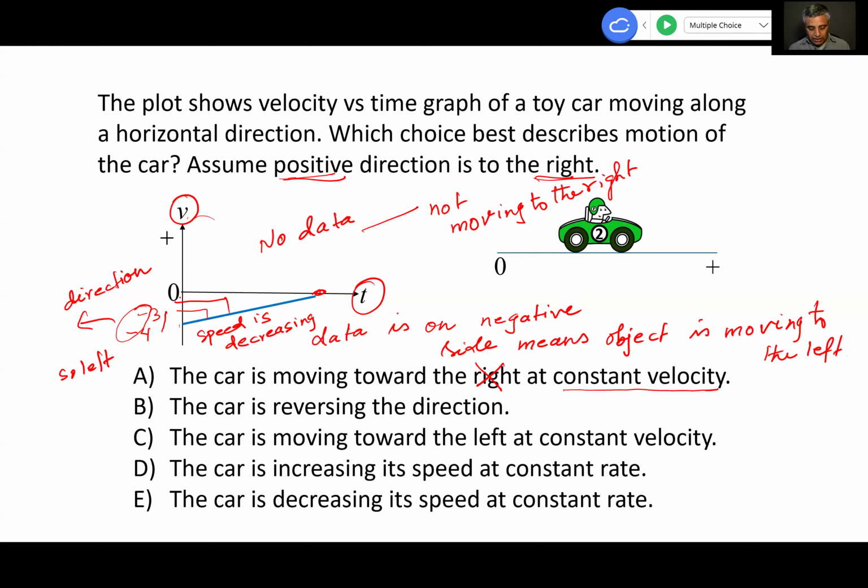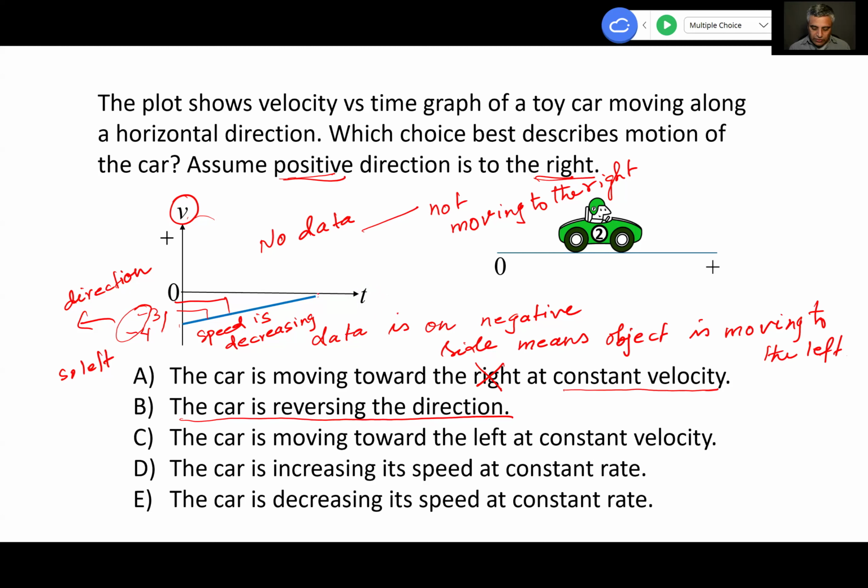This line is the 0 line for the velocity. It's getting towards 0 from higher speed, which means it's slowing down. It looks like it's going to stop, but what happens after that, we don't have data.